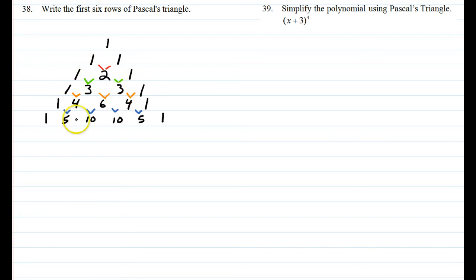Alright, so for 6 rows, I got 5 so far. Outer edge is 1. So this is going to give us 6, 15, 20, 15, 6.